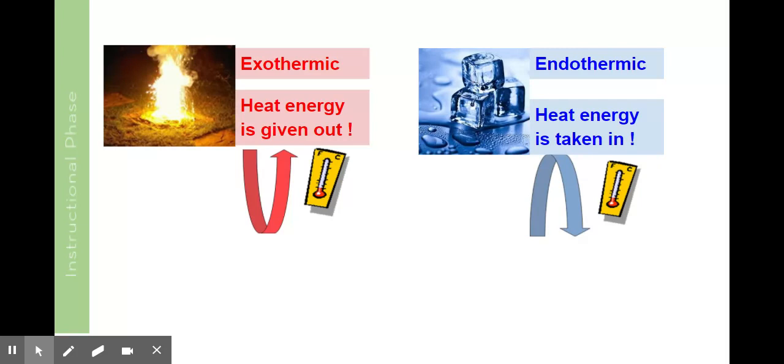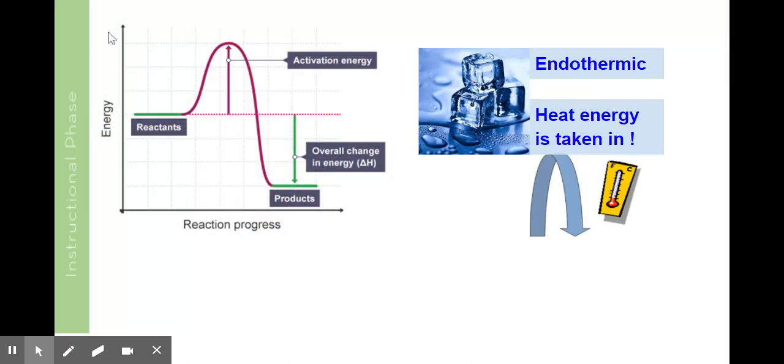Now, each of these reactions has a different reaction profile. If we look at the exothermic reaction profile, remember you've got the energy on the y-axis, and the progress of the reaction along the x-axis along the bottom. So you begin with your reactants. The reaction takes place and you end up with your products.